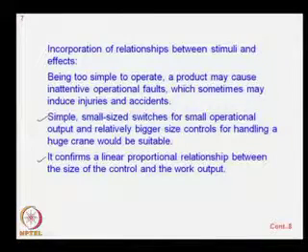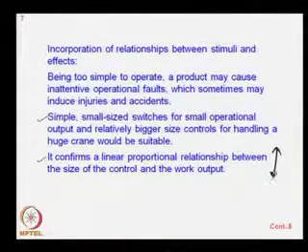It confirms a linear proportional relationship between the size of the control and the work output. So, we have to confirm this in our design, so that one can use it without any specific attention.